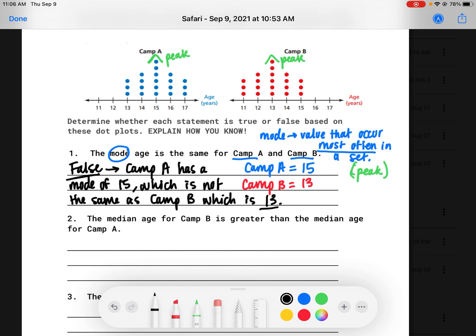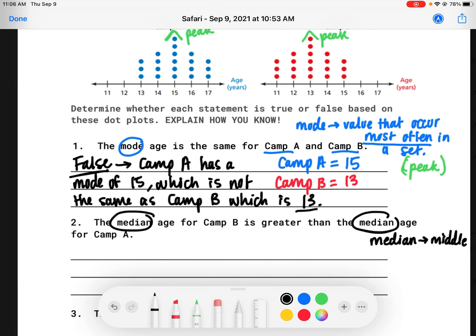Let's move on to median. The median age for camp B is greater than the median age for camp A. Once again, we need to start off with knowing what median is. Median is the middle value in our set. How can we do this on a dot plot? If you really wanted to list your numbers, you can, but we can also just count the dots and find the middle values.